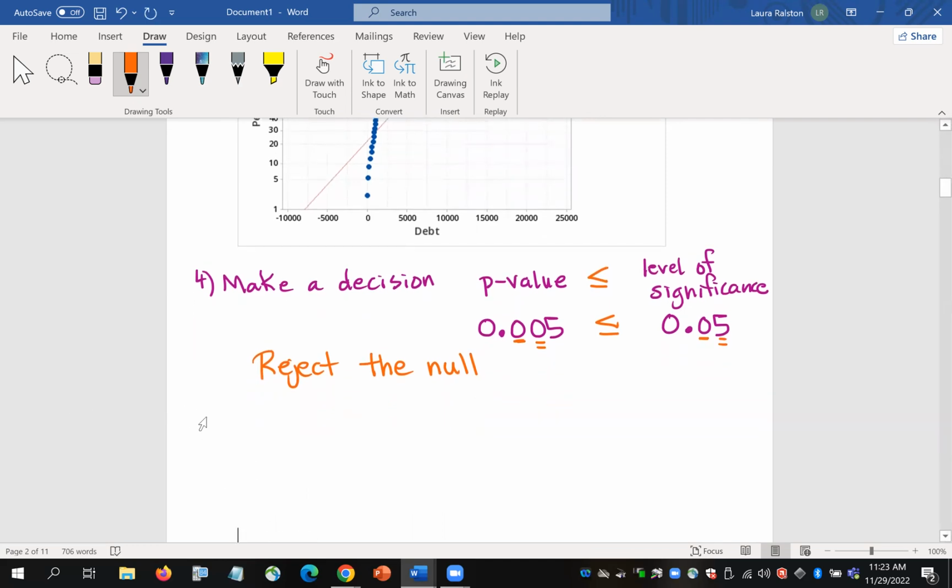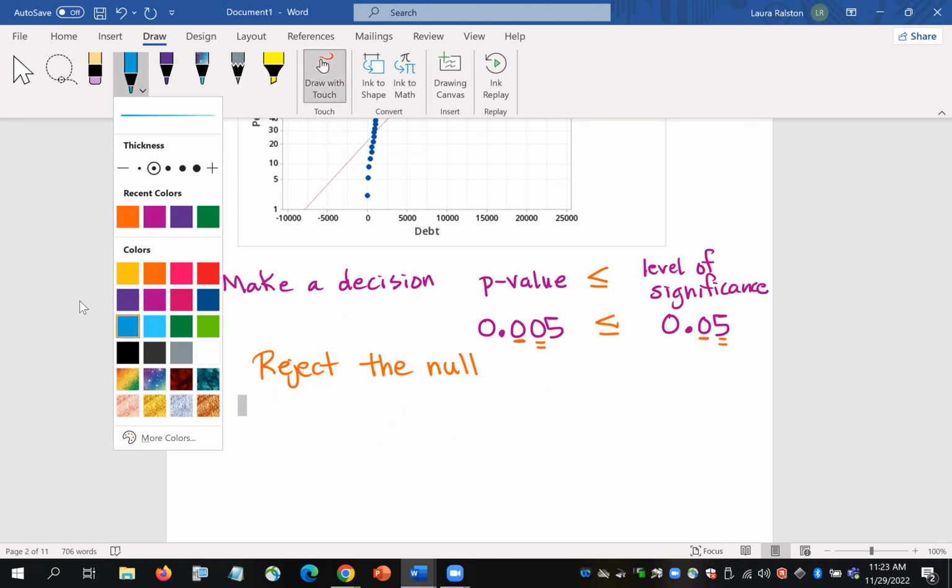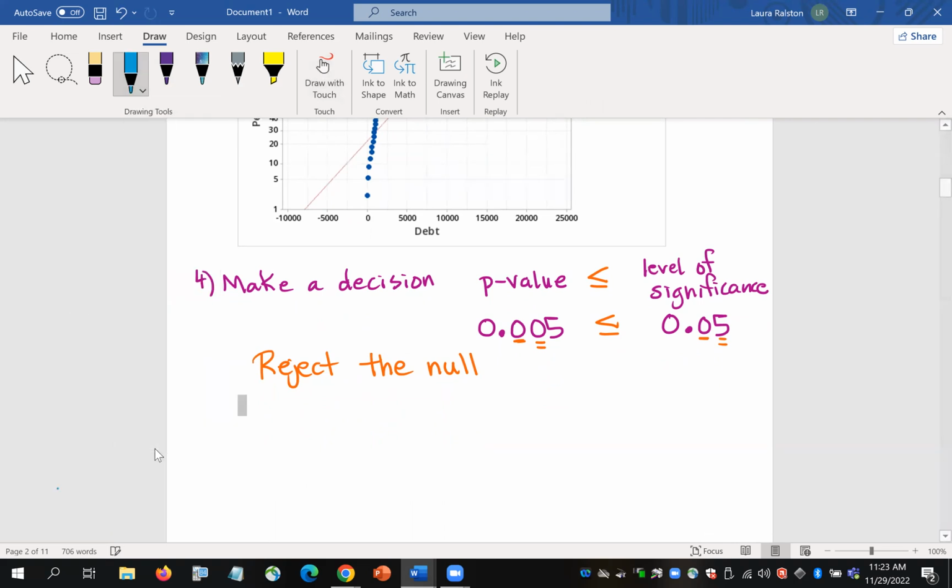And then step 5 in any hypothesis test is to state or write the conclusion.